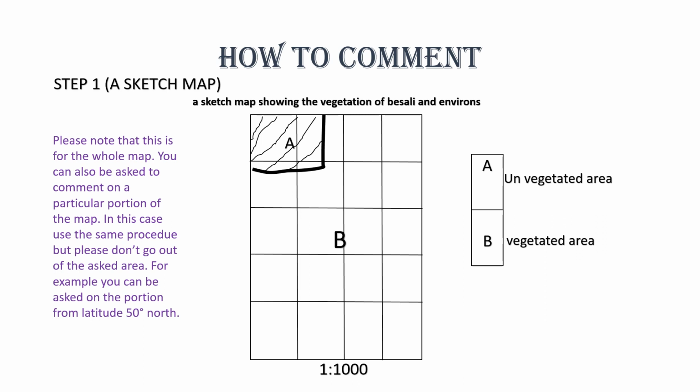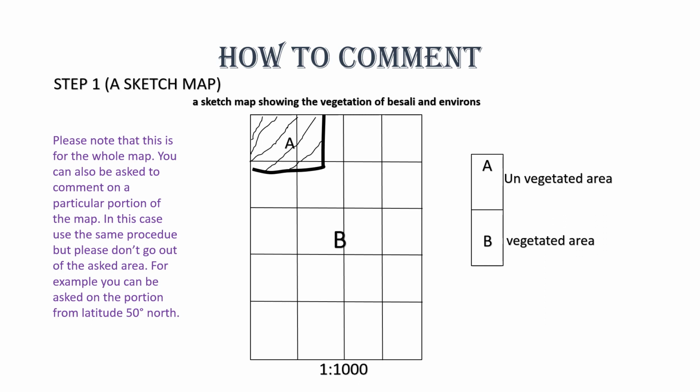So we just put our ruler and then we draw our line on latitude 50. Therefore, we are not supposed to cross latitude 50 and come down to the south. We are talking about all what is found at the north from latitude 50 and above.